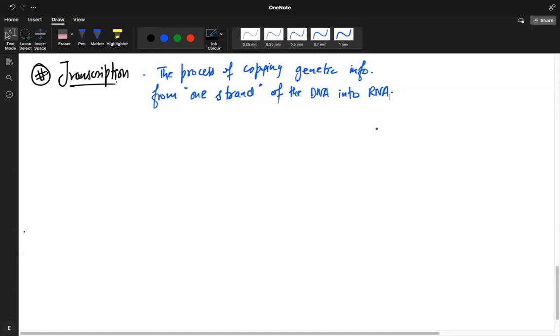So here also it is based on complementarity. The principle of complementarity governs transcription also. Write it down.